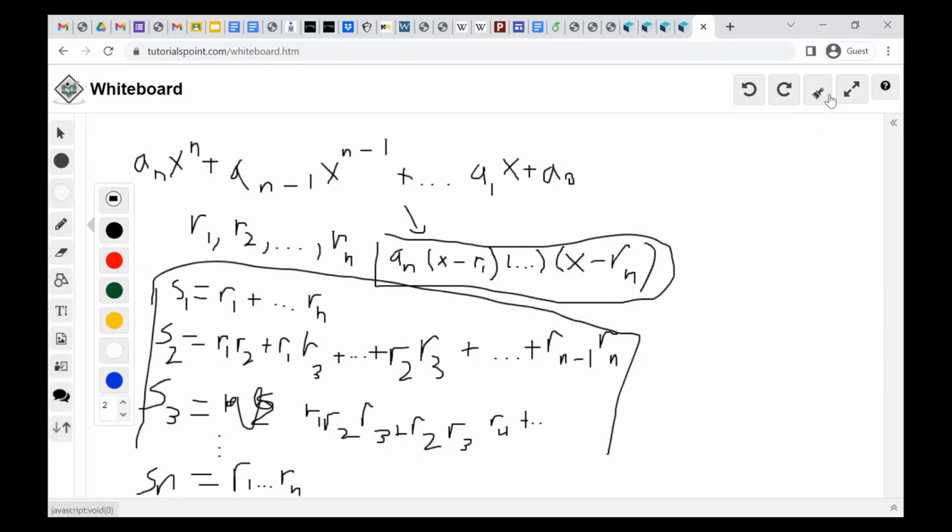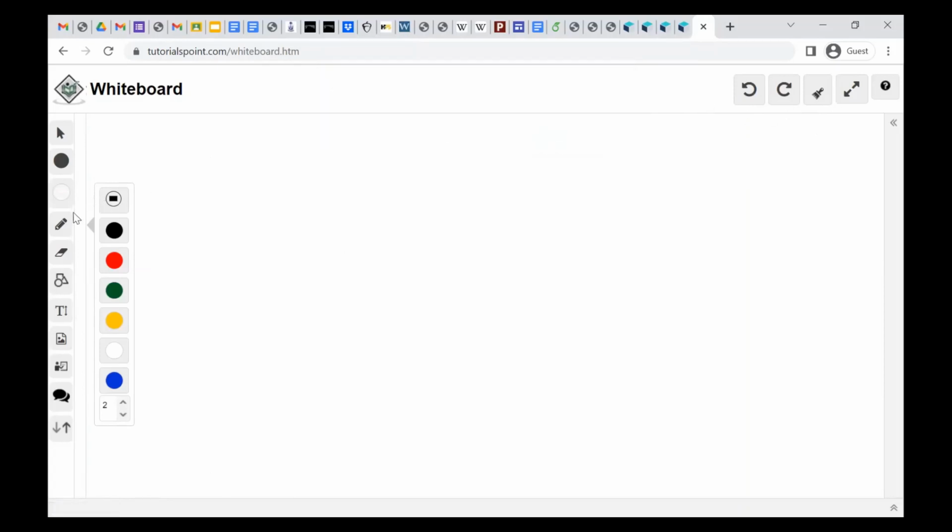If you actually do this expansion, what you get is that Sk is equal to (-1)^k times a_(n-k) over a_n.